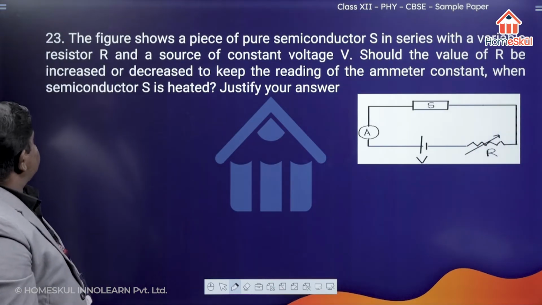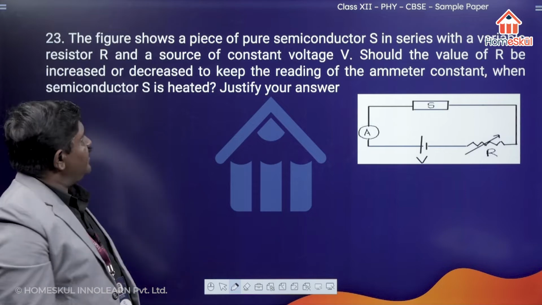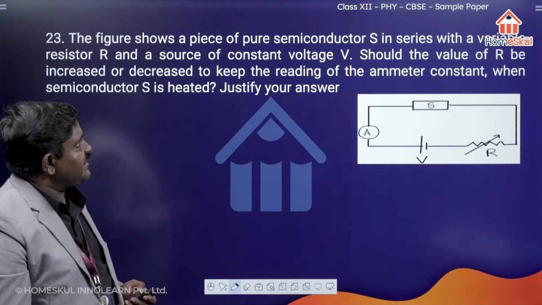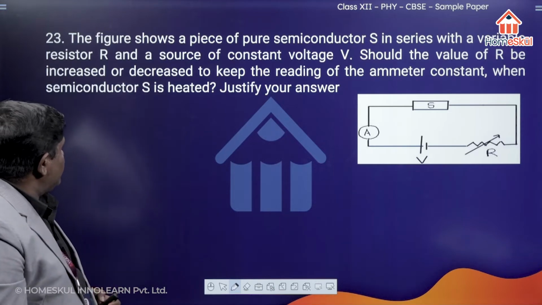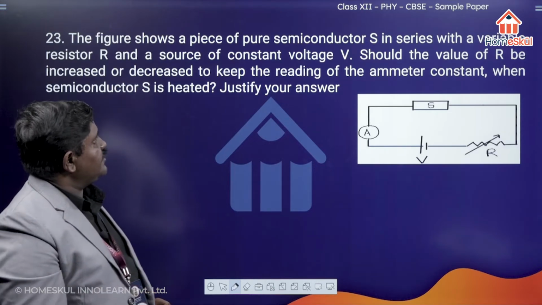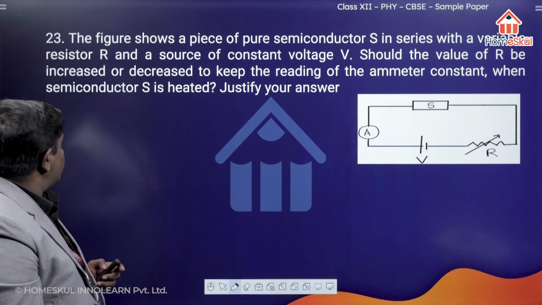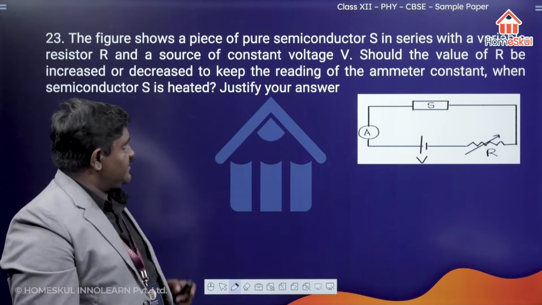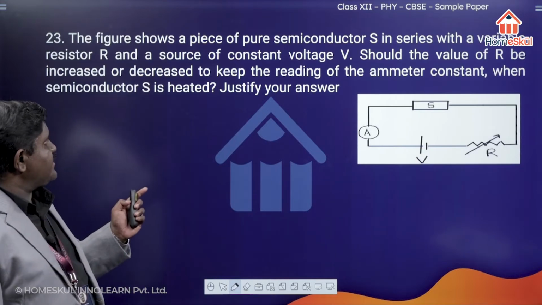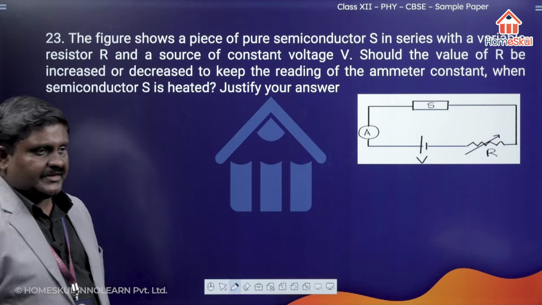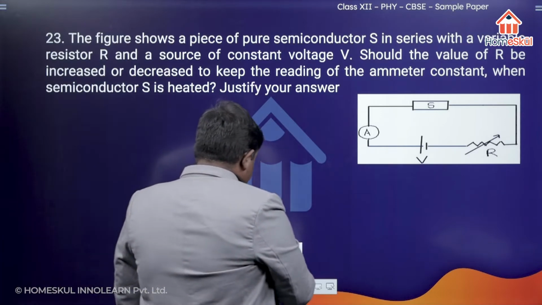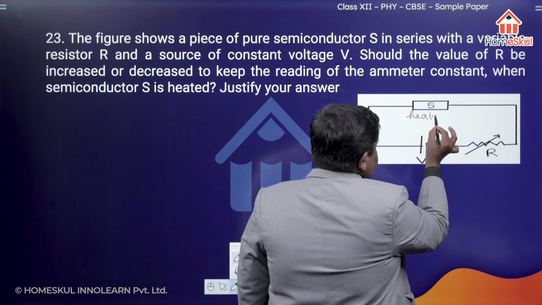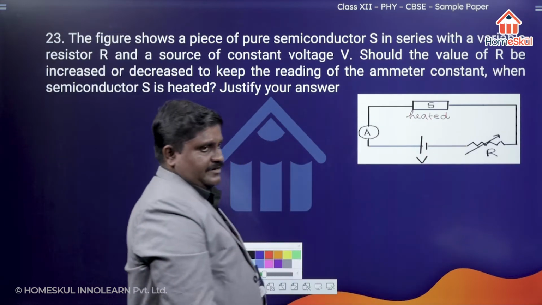Now, question number 23. The figure shows a piece of pure semiconductor S in series with a variable resistor R and a source of constant voltage V. Should the value of R be increased or decreased to keep the reading of the ammeter constant when semiconductor S is heated? Justify your answer. That means if this semiconductor is heated, what happens?